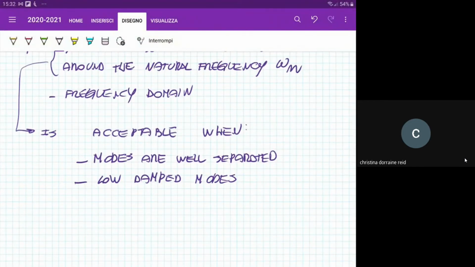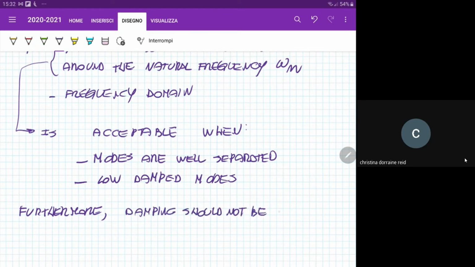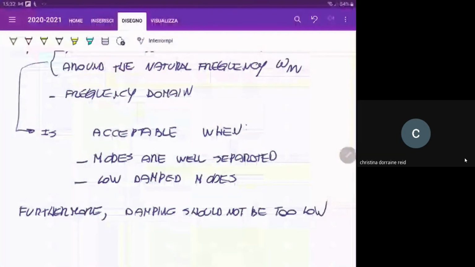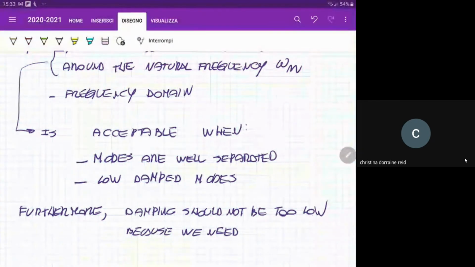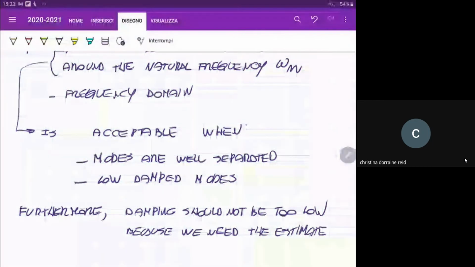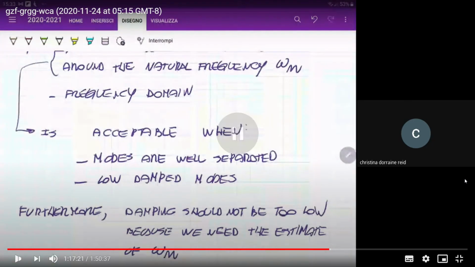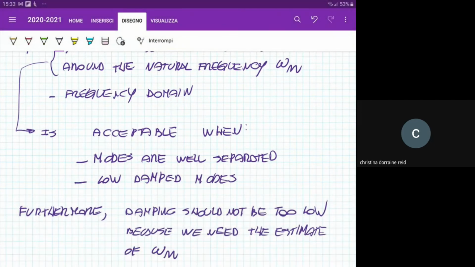Furthermore, we are assuming that damping, zeta generally speaking, should not be too low, because we need the estimate of the omega n, and of course if the damping is very low, then the system response could vary a lot across the natural frequencies.